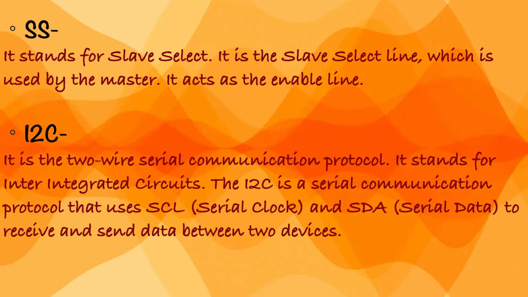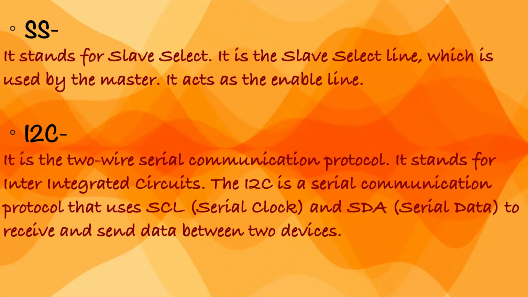I'll show you. Then comes, dear students, the SS. What does SS stand for? It stands for slave select. It is the slave select line used by the master, which acts as the enable line. That means you can selectively choose one slave if there are many, with the help of a master, and you can control it.